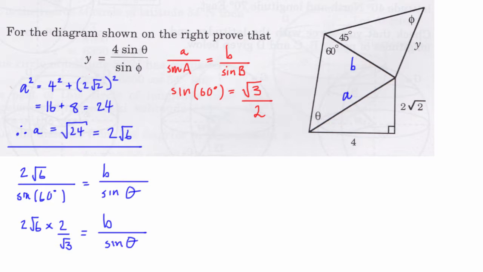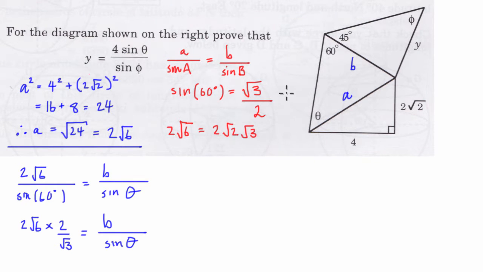So, going back up to our little writing in red, 2 square root 6 is equal to 2, and 6 is 2 times 3, so 2 times the square root of 2 times the square root of 3.